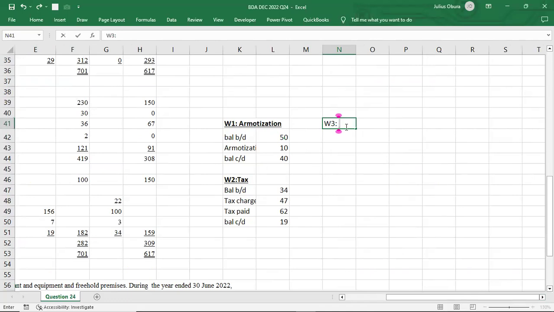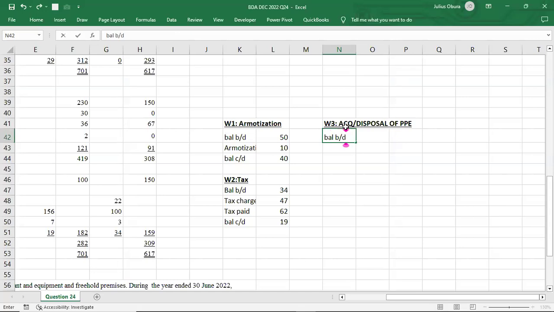Working 3 will be with respect to either acquisition or disposal of PPE. We start here with our balance brought down.